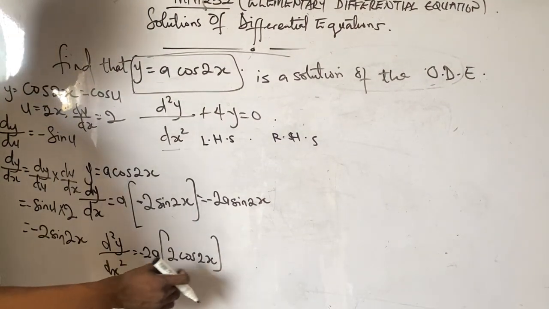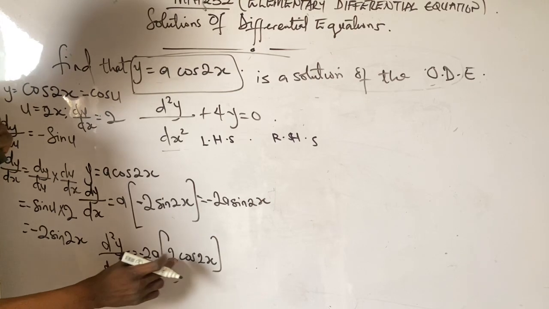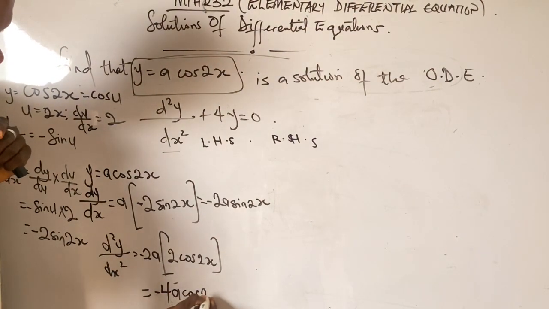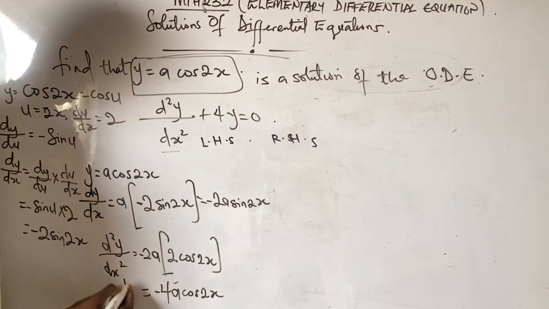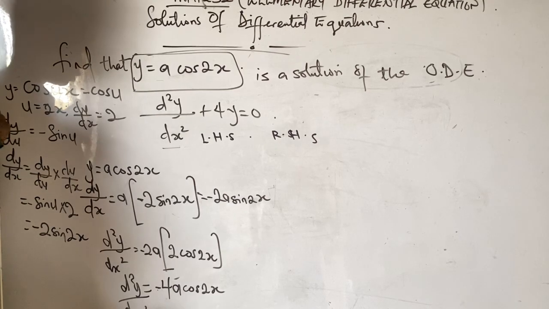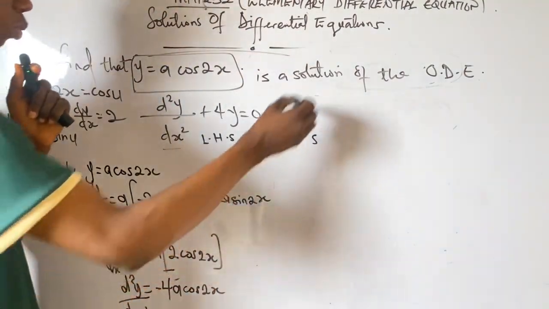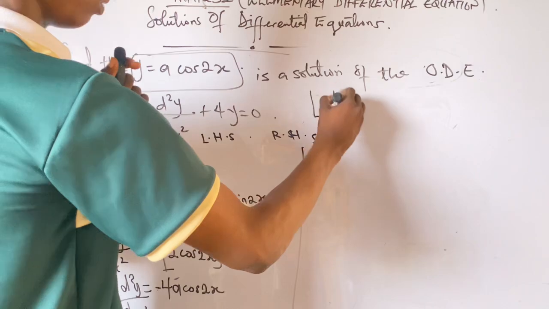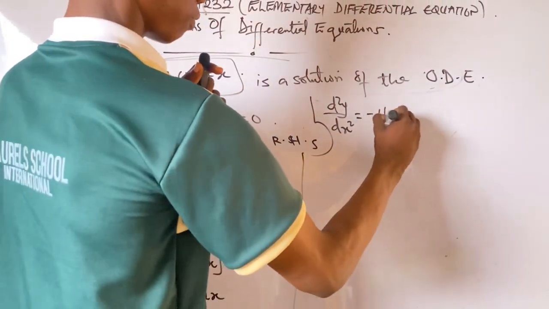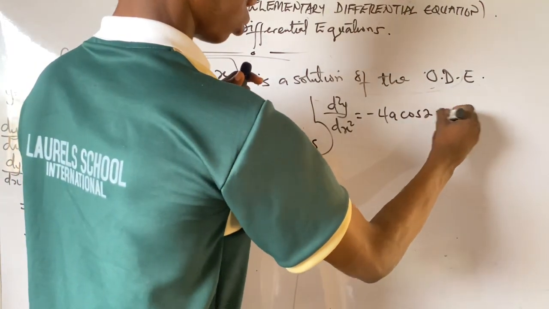You will definitely have 2 cos 2x. Minus 2 times 2 is minus 4, and A is there, cos 2x. So d²y/dx² is equal to minus 4A cos 2x.